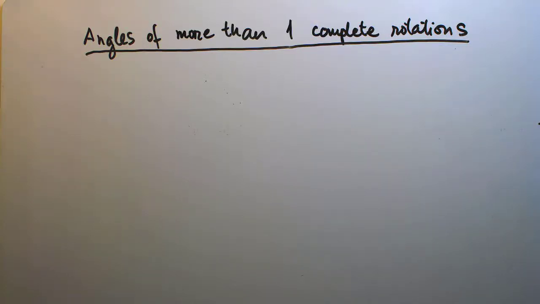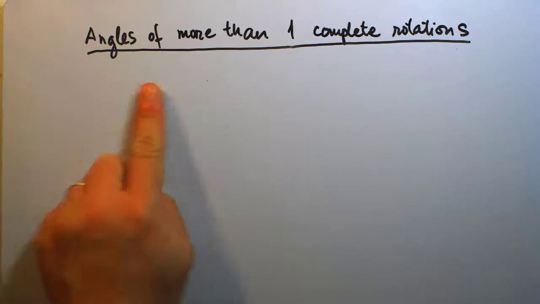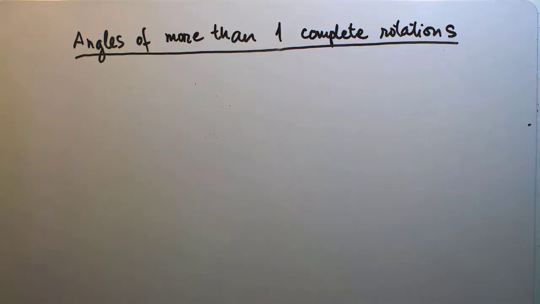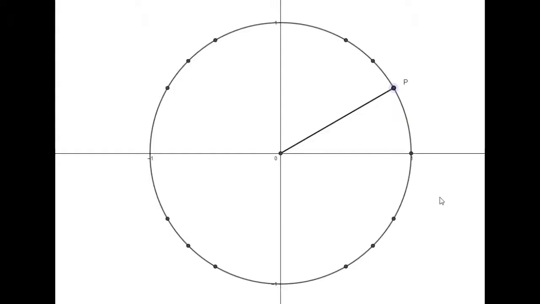Alright, so let's now look at what it means by having angles of more than one complete rotation. Let's turn your attention over to my unit circle demonstration on the screen.